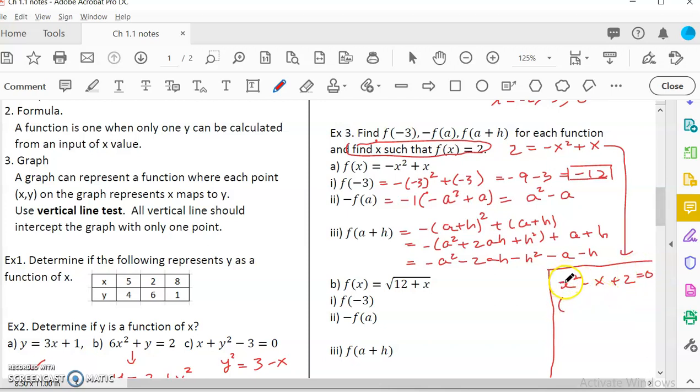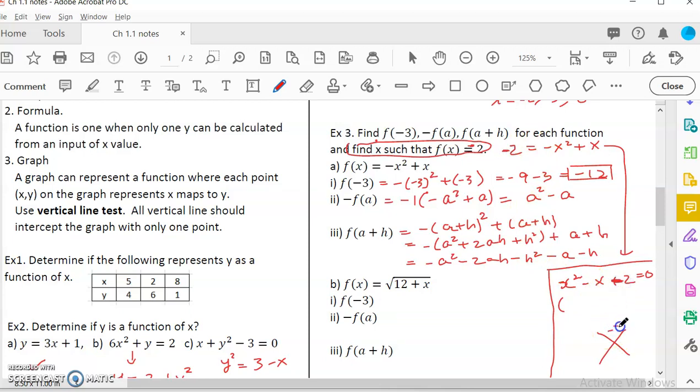Because this is a 1x squared, I can just factor by diamond. Plus 2, is it factorable? It's not factorable. Minus x squared minus x plus 2. Oh, I think this is not factorable. So maybe I'll just change this to negative 2. If this is negative 2, it is factorable. So let me change this to negative 2.